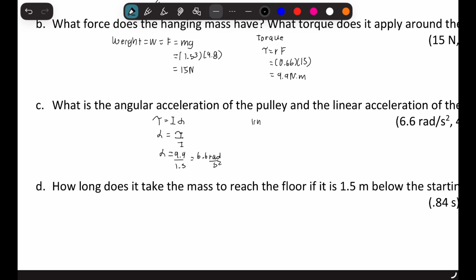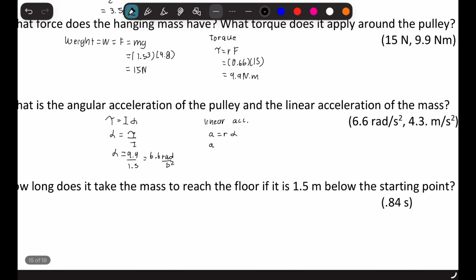Now, in order to convert this to linear acceleration, you know that your linear acceleration is equal to the radius times the angular acceleration. So then your acceleration is going to equal, plugging in 0.66 times 6.6. And that's equal to 4.3 meters per second squared for your a.